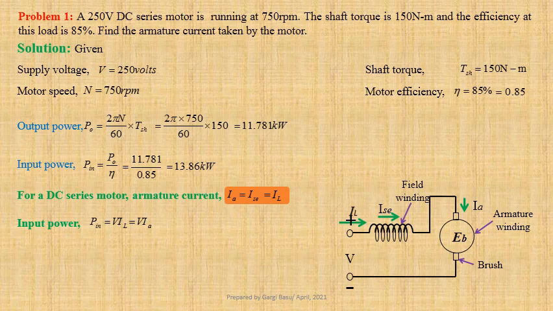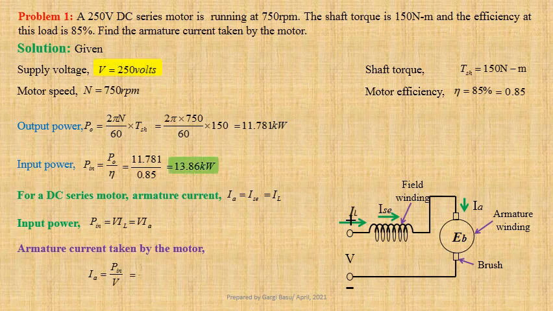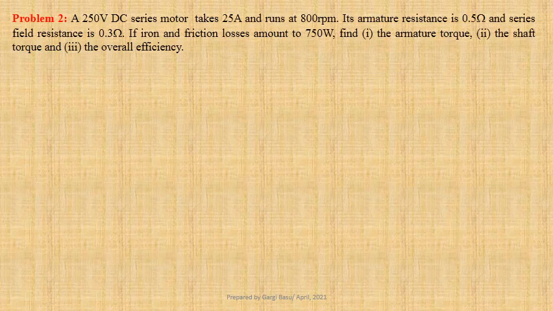Therefore, expression for armature current taken by the motor IA equals Pin divided by V. Using values, we get 13.86 into 10 to the power 3 divided by 250. That gives us 55.44 ampere.